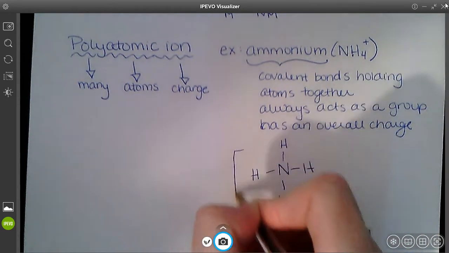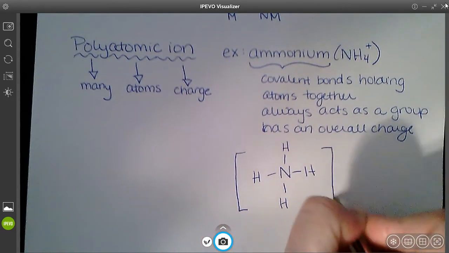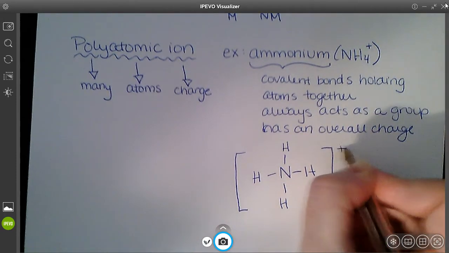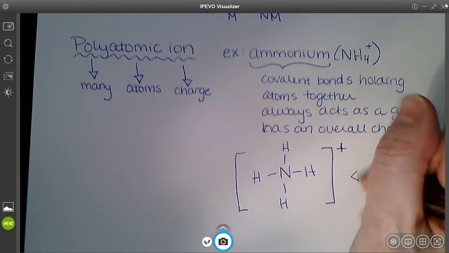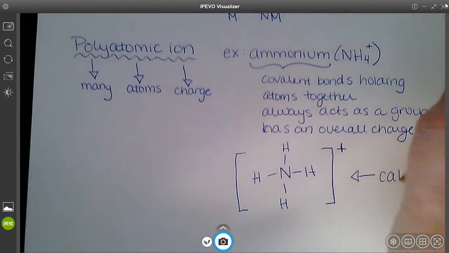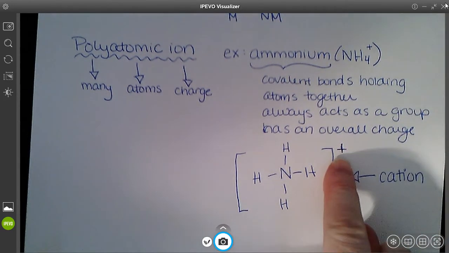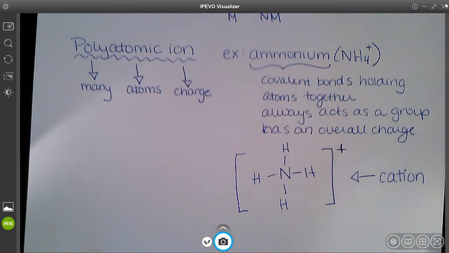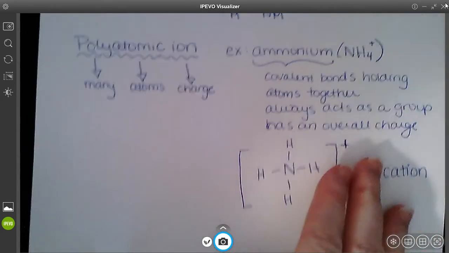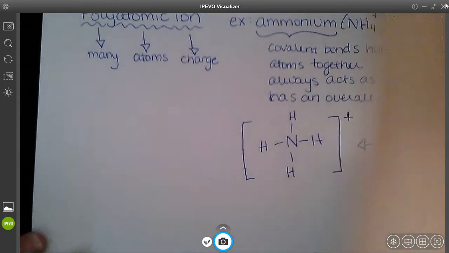And this whole thing always moves as a group, and it has a positive charge. So this is a cation because it's got a positive charge. We can use ammonium in our ionic compounds, and that can be the cation part of your salt.